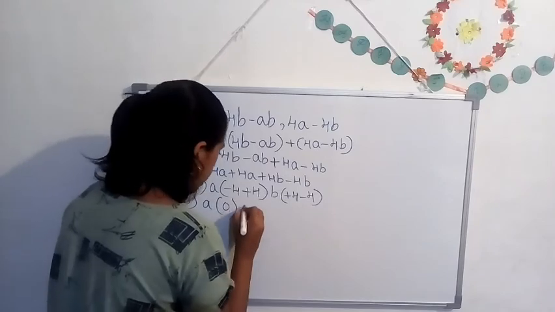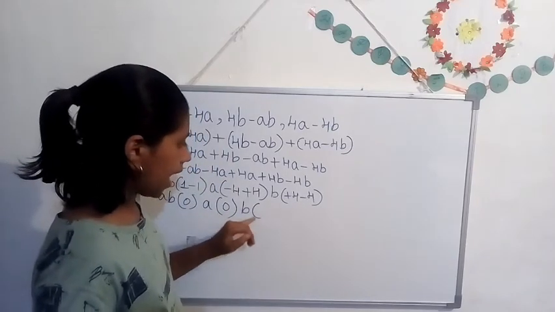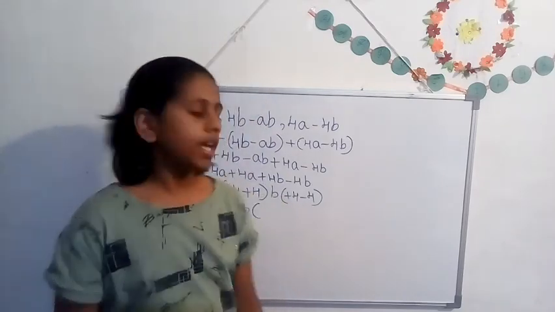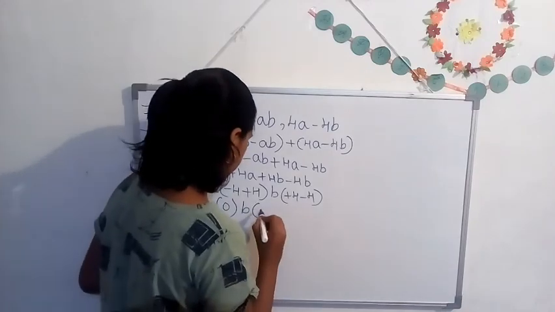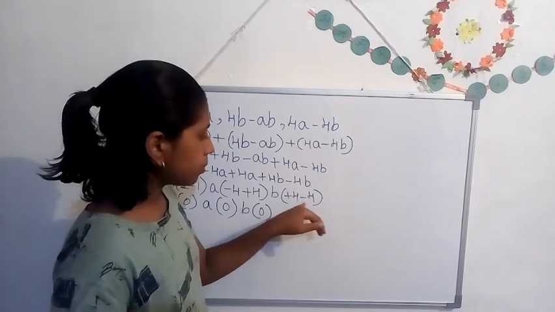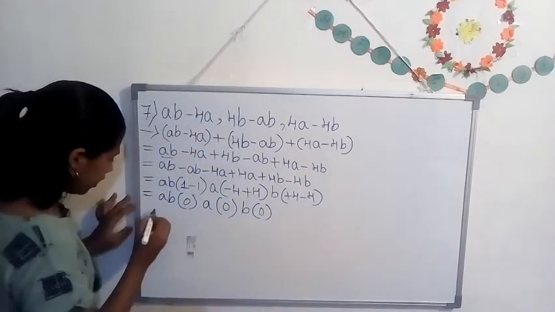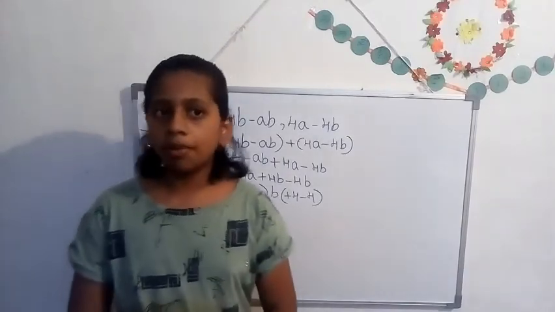So 0. And here B is a common factor in bracket, and plus 4 minus 4 is 0, as it is in the first sum with the common factor A. So here also 0. Got it? So now we have written it in the simplest form in the common factors.